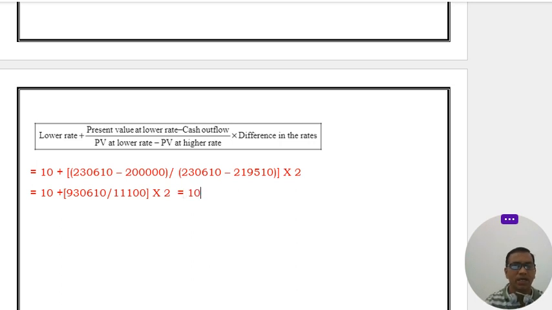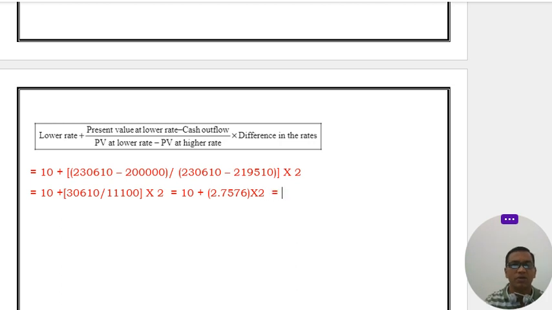Again 10 plus, so here 30,610 divided by 11,100. That means how much are you getting? 2.7576 almost I got. And here multiply with 2.